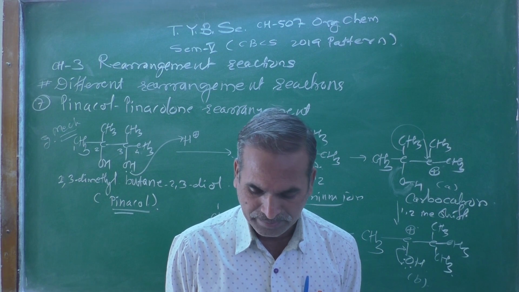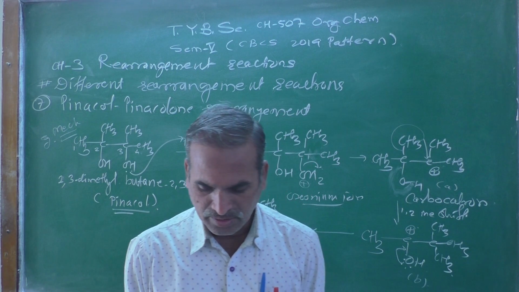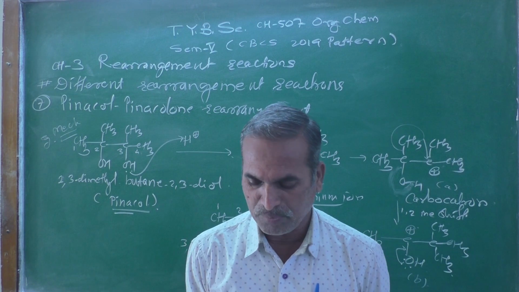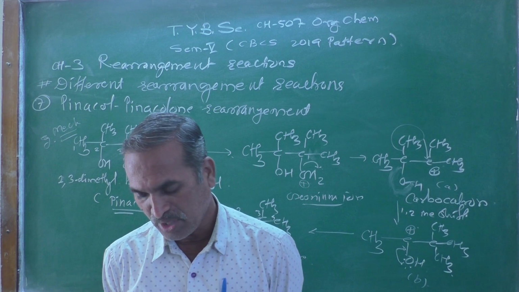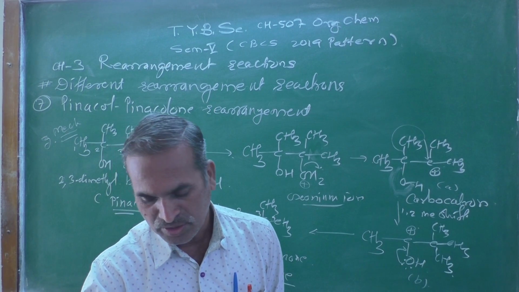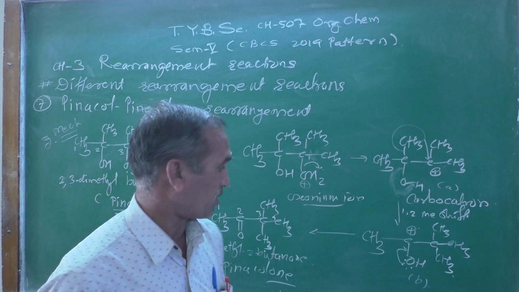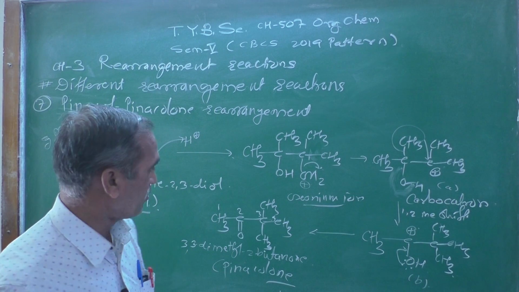And thus carbocation B is stabilized by shift of positive charge from carbon to oxygen, giving the stable second oxonium ion. This is the stable oxonium ion over here.